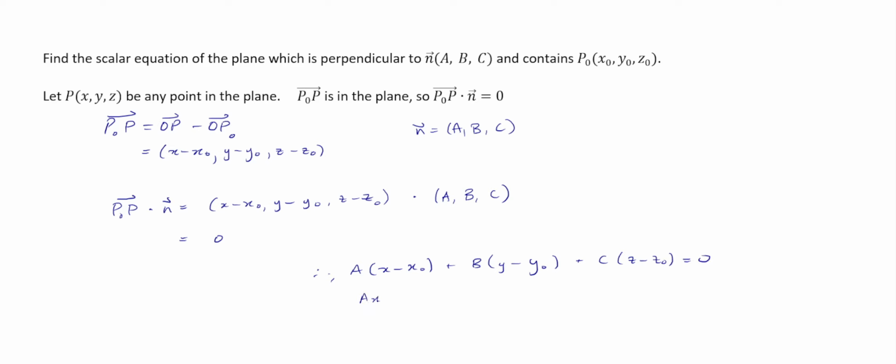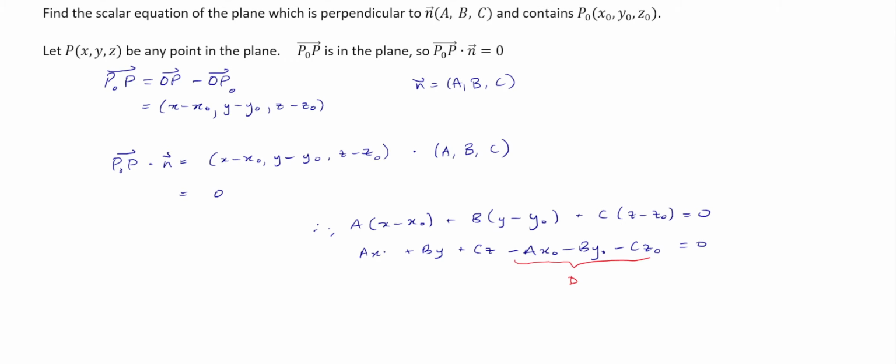So I have AX plus BY plus CZ, and now I'm going to collect all my AX naughts, BY naughts, and CZ naughts. So minus AX naught minus BY naught minus CZ naught is equal to 0. All of this right here equals my D term.